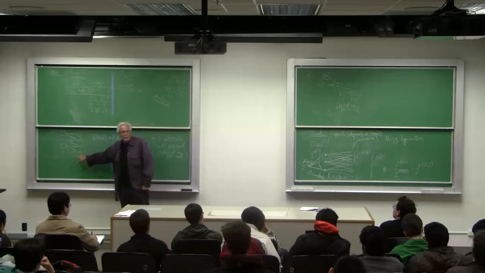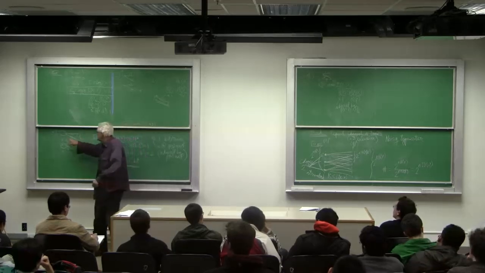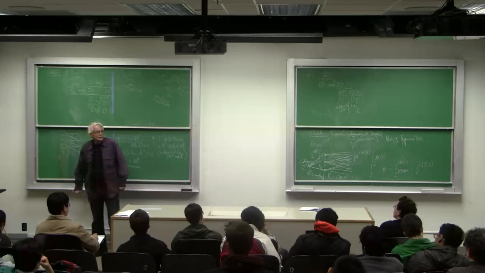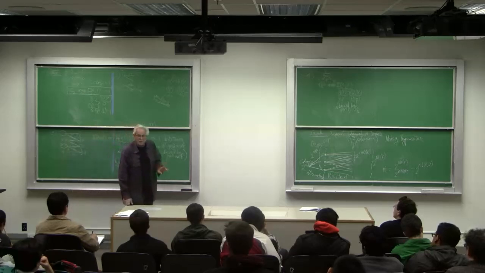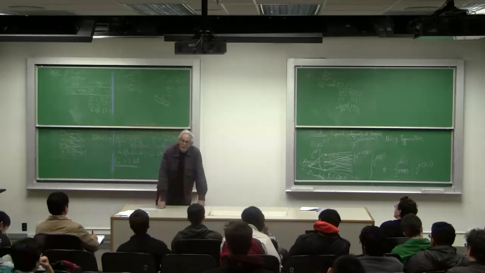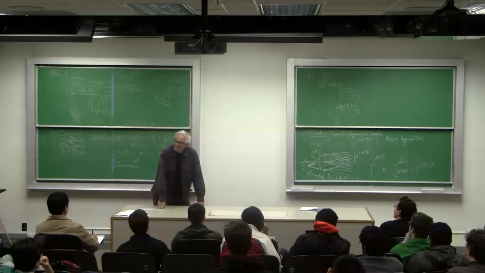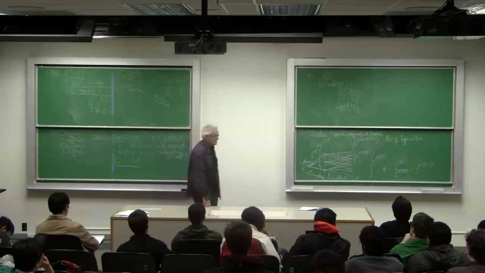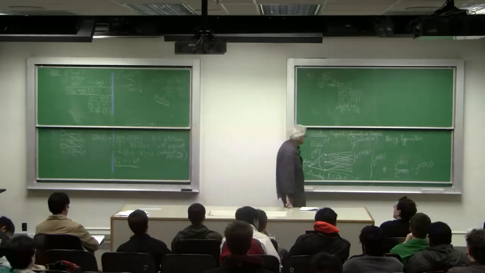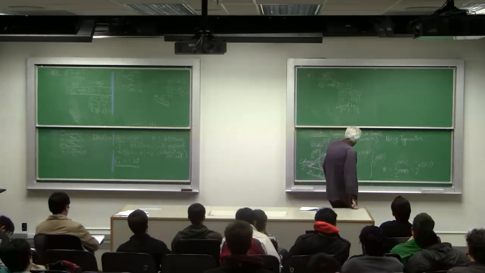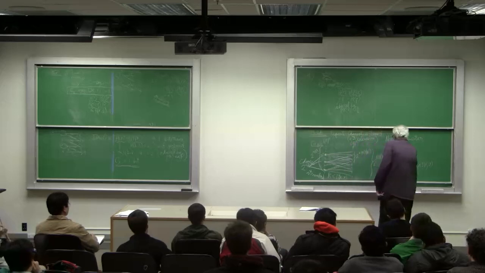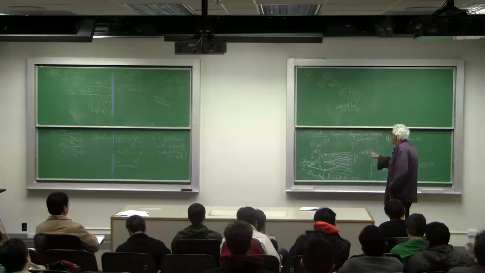And then all we have to do is show that a random choice of the inputs, as long as you don't choose too many of them, can be distinguished. So that's the key. It's quite amazing.